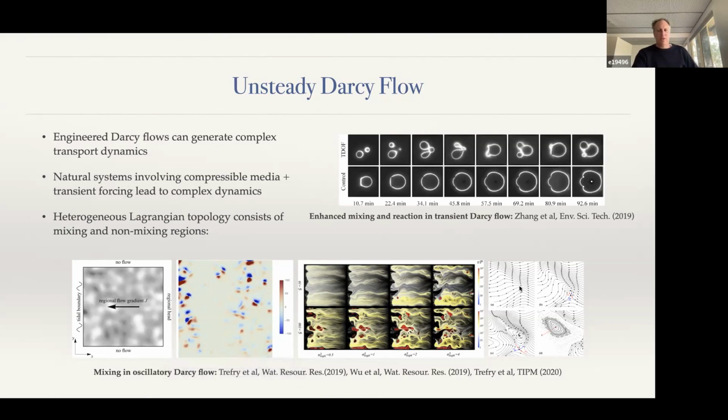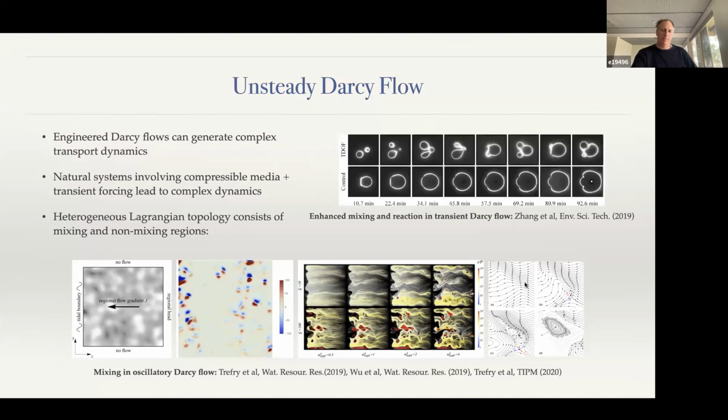In the bottom right, we see a series of images of the streamlines of this flow averaged over time, and increasing from top left to bottom right is the compressibility of the poroelastic medium.